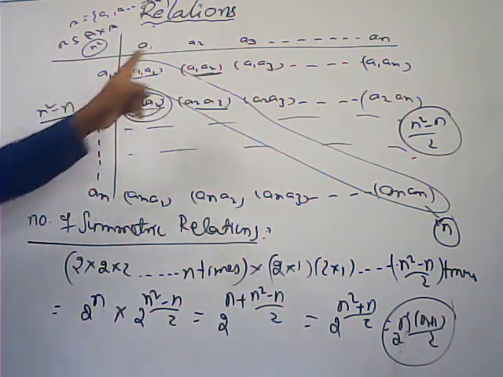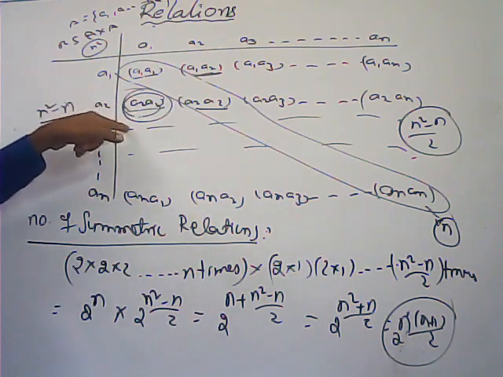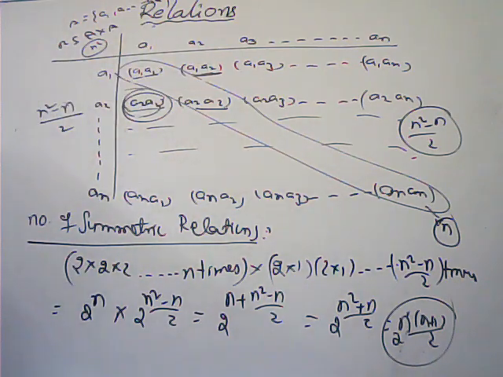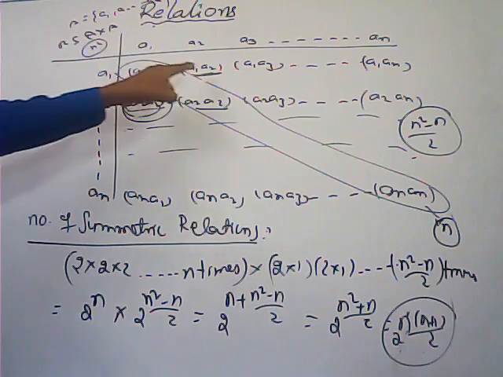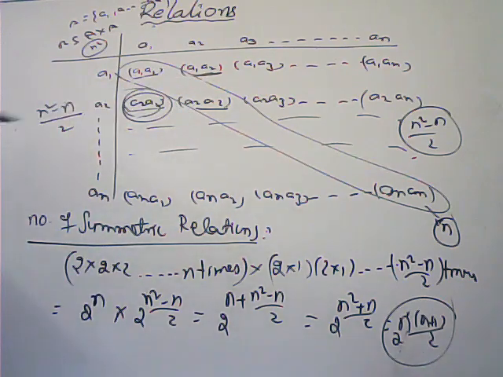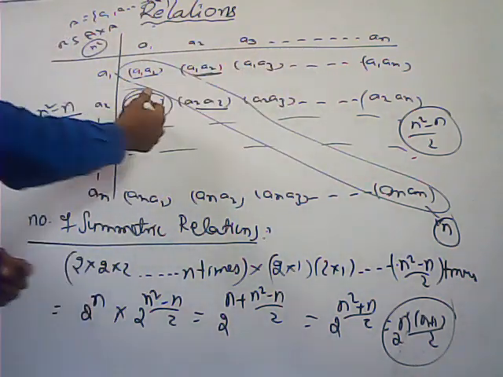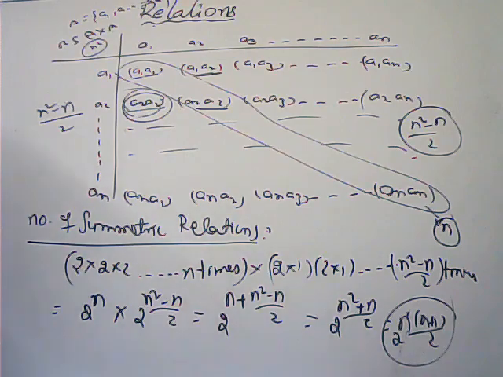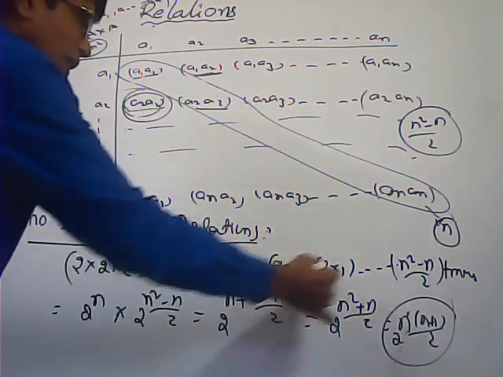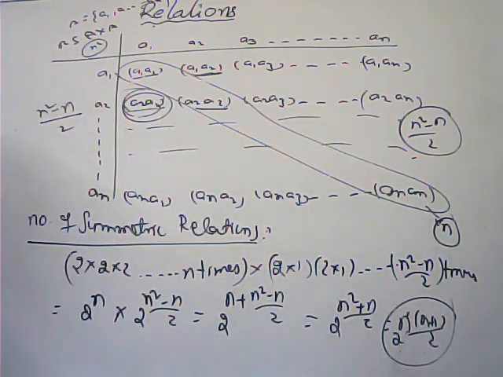If you select, don't select. If you don't select here, select that one, like that. The selection of the elements this side depends upon this side only. Here also the same thing you can write: number of antisymmetric relations, n square plus n, 2 power n into n plus 1 by 2.